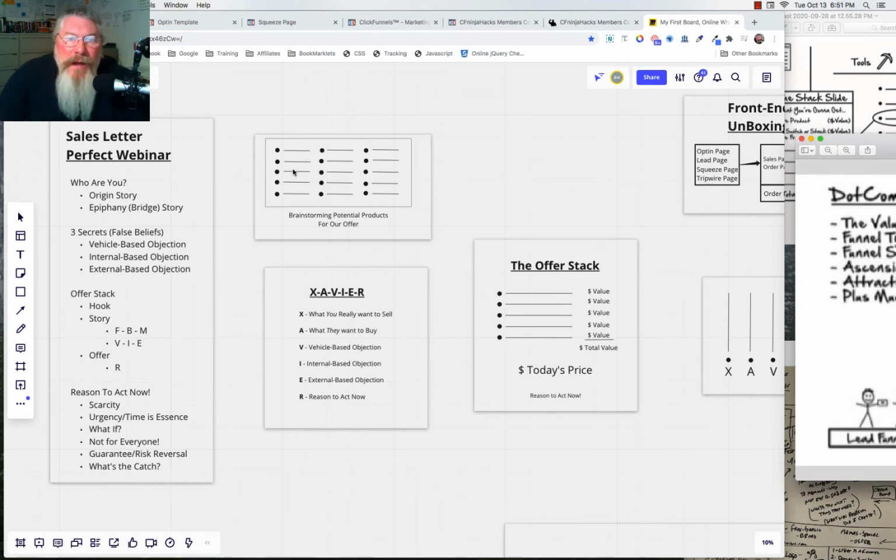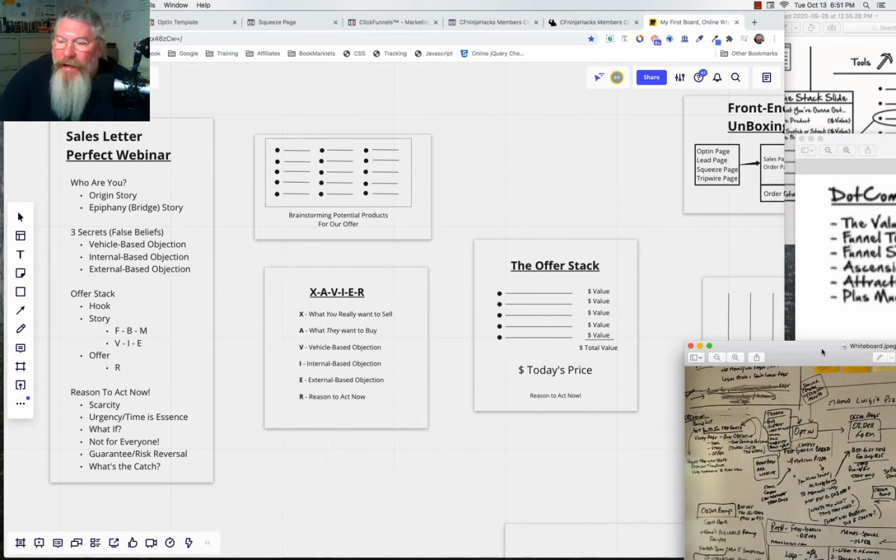So what we did, and you saw this with Russell, is you come in here and start writing out all the things that you could potentially put into this product, while also thinking about how that satisfies vehicle, internal or external. How can these things get rid of these objections? You just lay them out line after line after line.